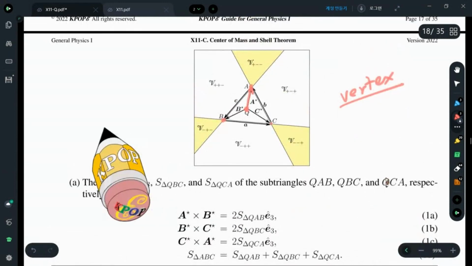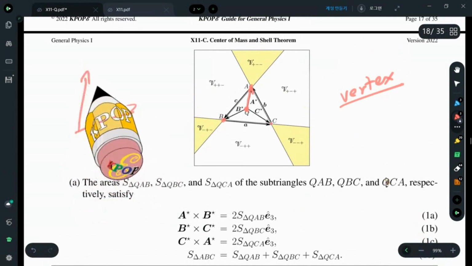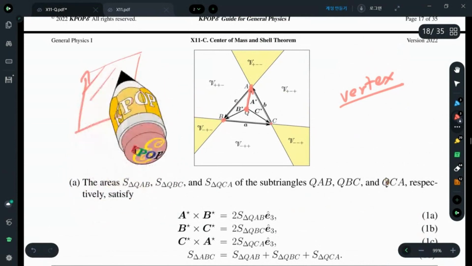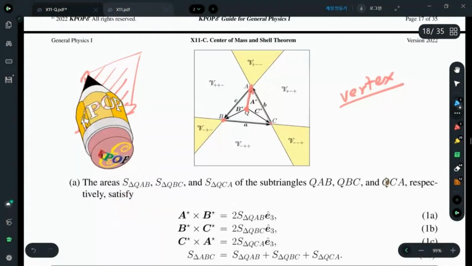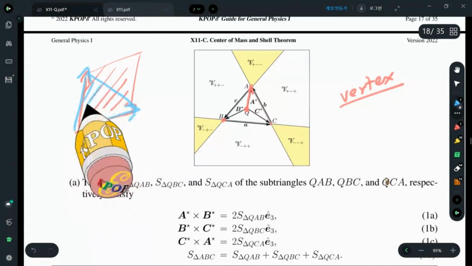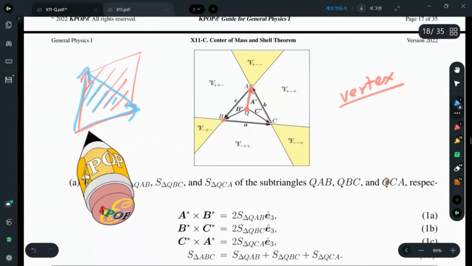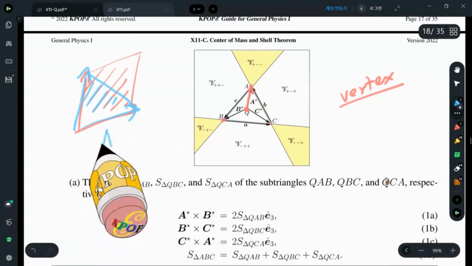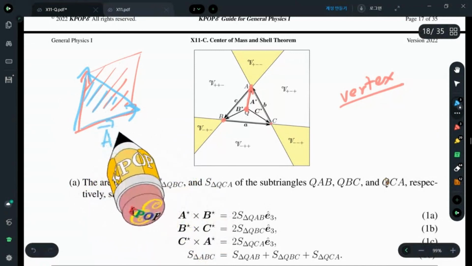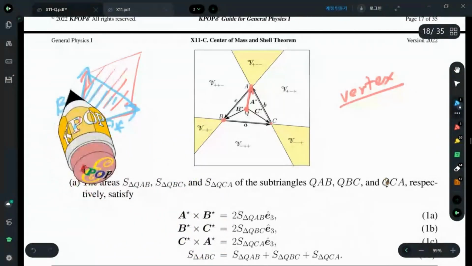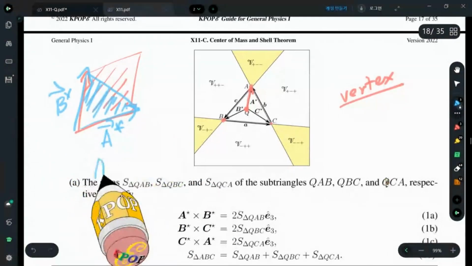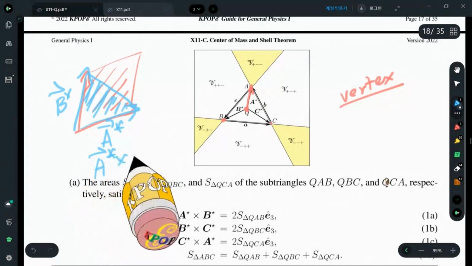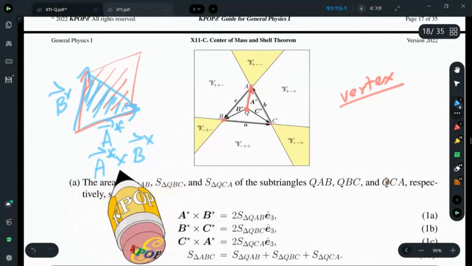Now, cross product will give you the area of a parallelogram, and what happens to the area of a triangle spanned by these two vectors? This area is 1/2 of A cross B. So suppose that I have A star and B star, then the area of this triangle is A star cross B star.